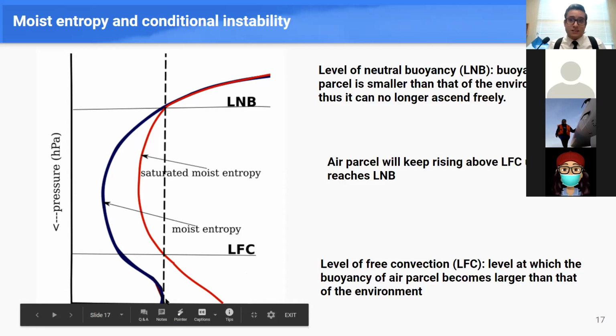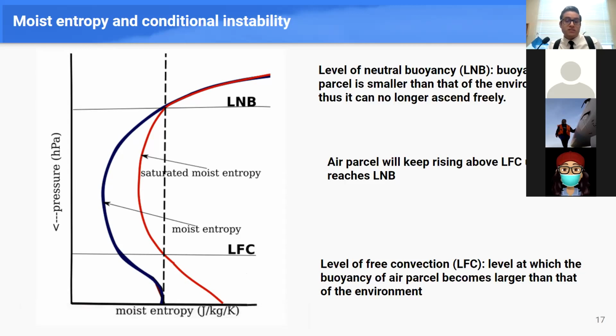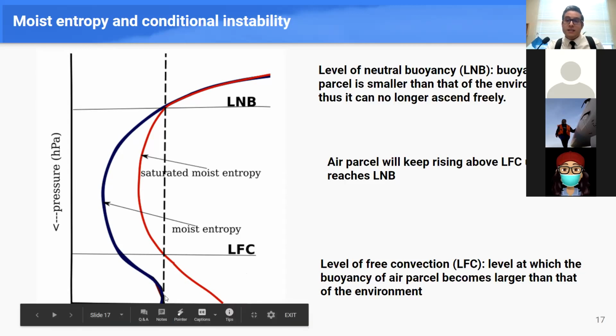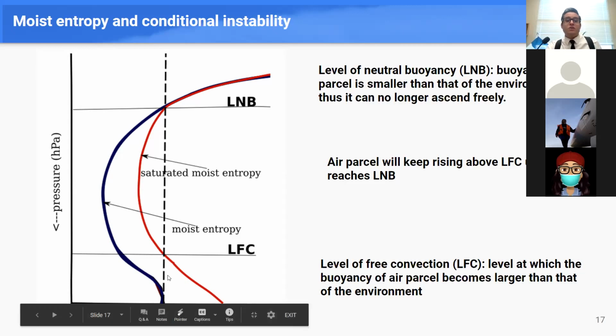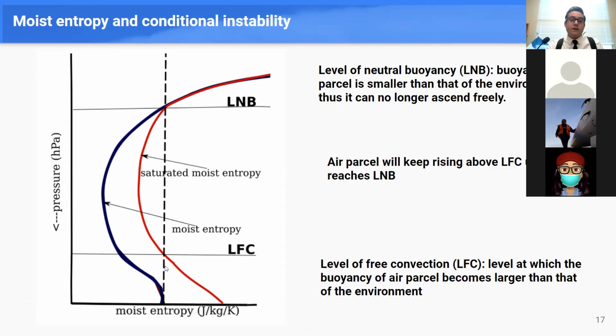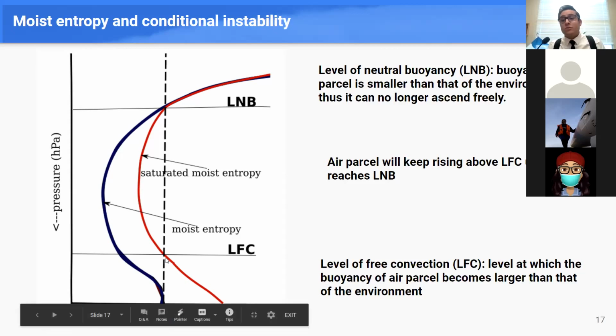It can actually ascend from the surface with a value of moist entropy that is exactly the initial value of the ground, but it can also be with an average from 0 to 1 kilometers, and it will go up. As it goes up, the moist entropy and the saturated moist entropy values are equal. So this is the point where it saturates.